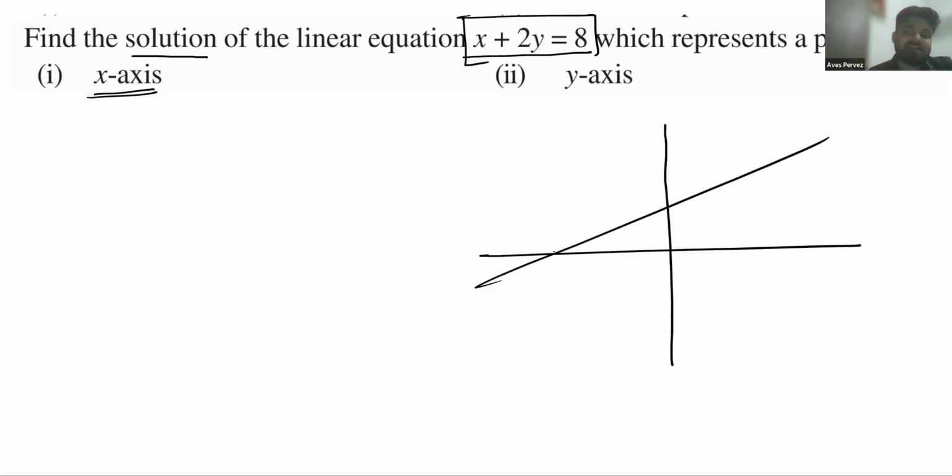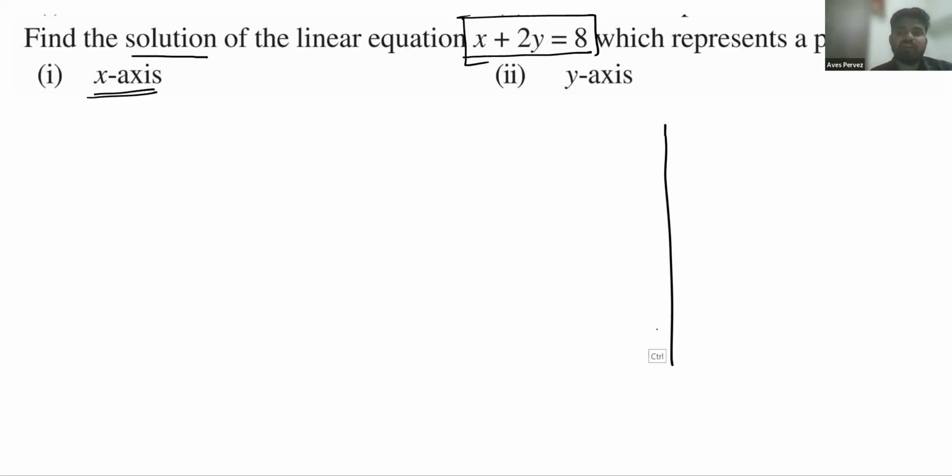So it must cut the x-axis or y-axis at some point. Any line, for example, this is not a line, this is a line. It must be cutting x and y at some point. So we need to find the point where this line segment will cut the x-axis, and the point where it will cut the y-axis.